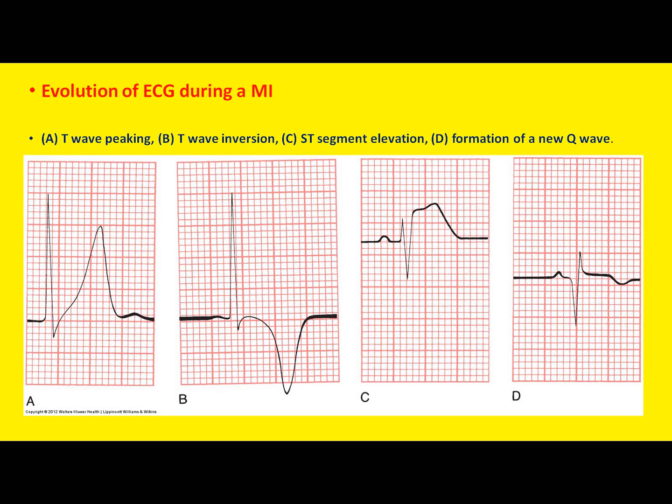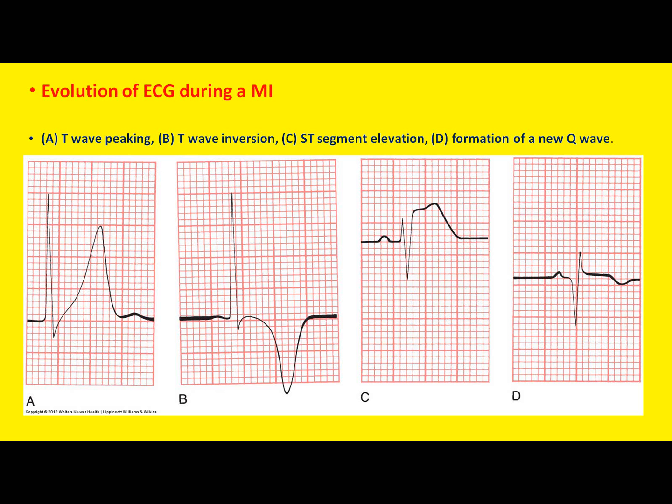So what are the ECG changes in a heart attack? MI means myocardial infarction. According to the book, the first thing that happens is to the T wave. Repolarization electricity is much higher, so the T wave becomes peaked.